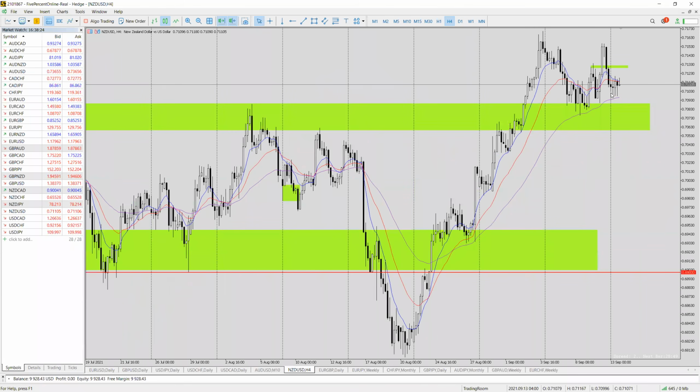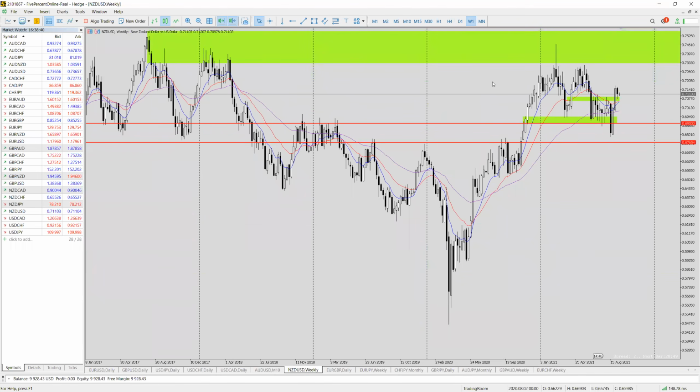Obviously, if it breaks below this zone, then it looks like there's a reversal, maybe even a double top and a continuation lower. So just wait for some confirmation, but overall, it looks like Kiwi dollar is gaining some strength.